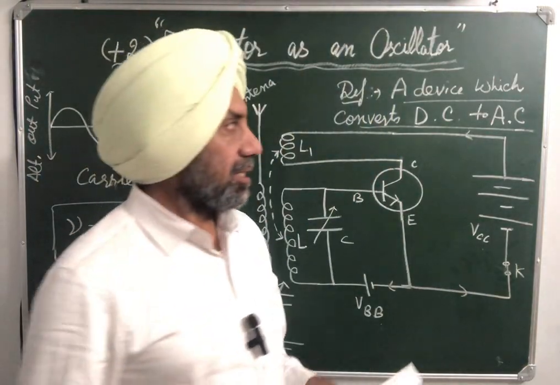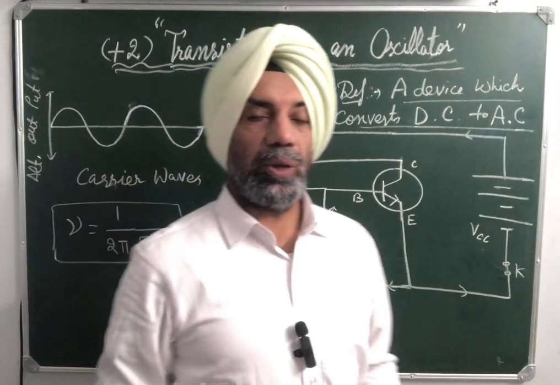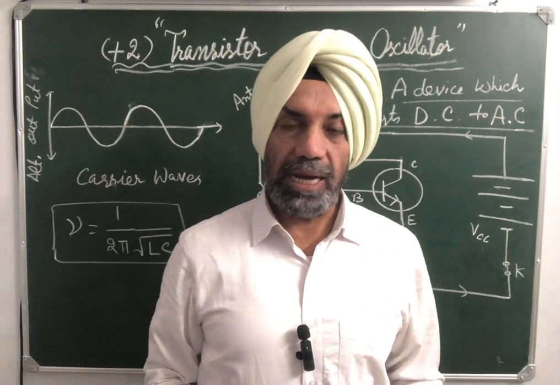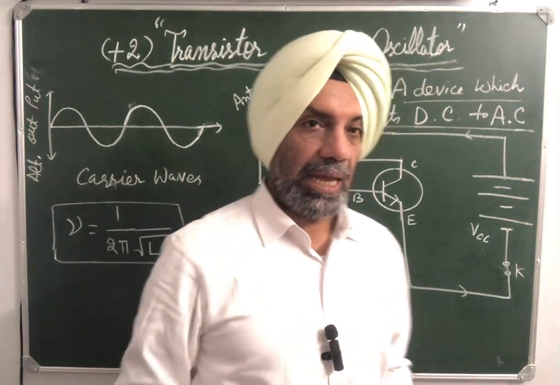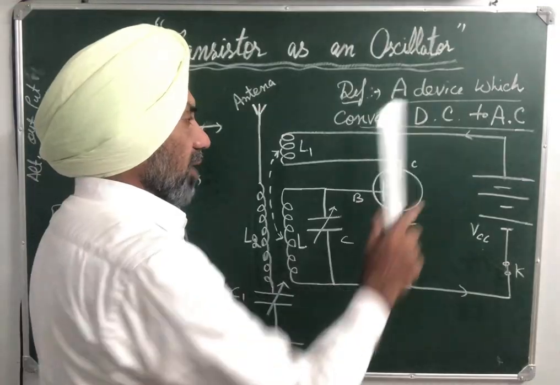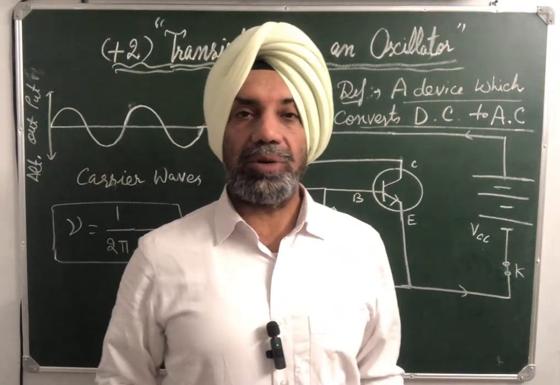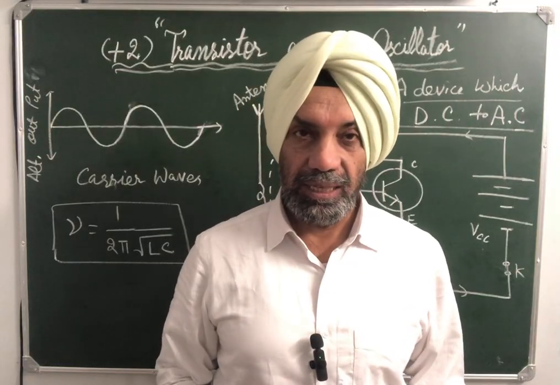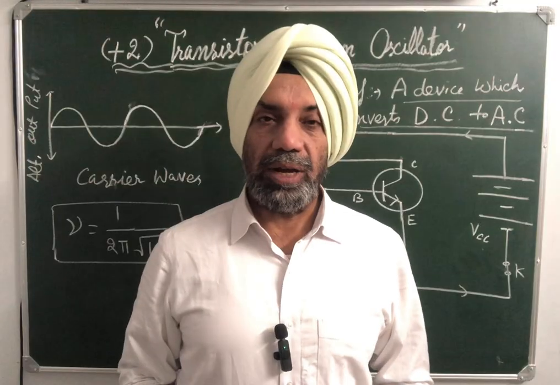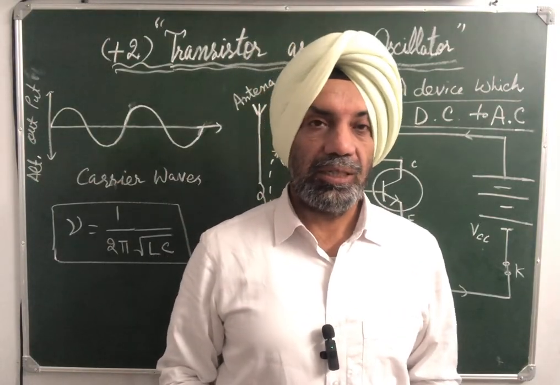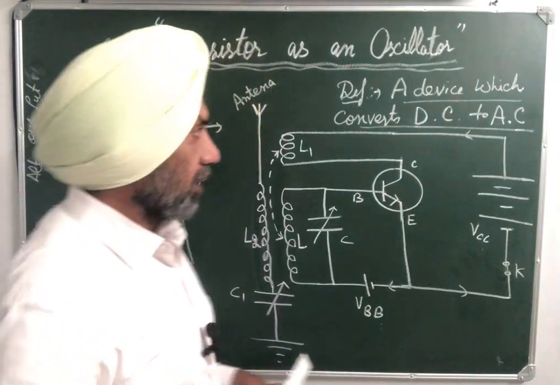An oscillator is a device which converts DC into AC, that is direct signal to alternating signal, and this device is used to produce carrier waves of desired frequency, which are used for radio communication. So that's why it is a very important device.